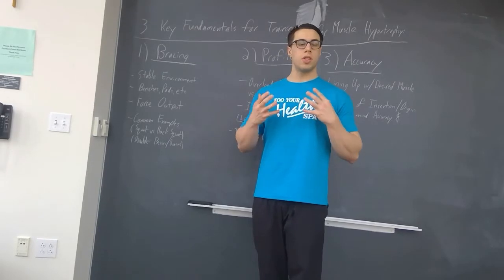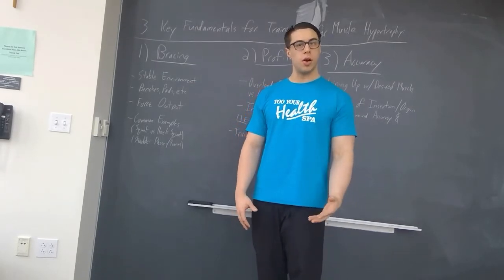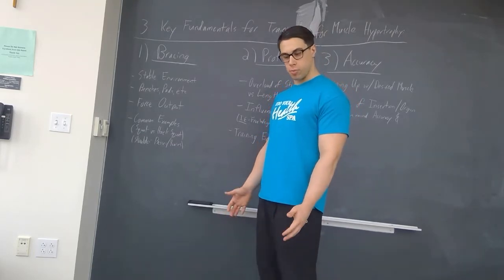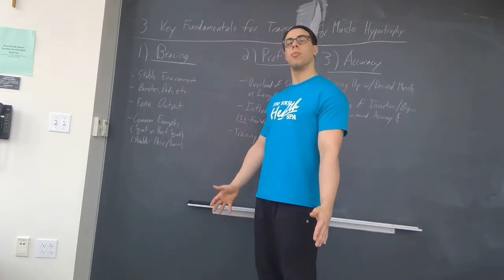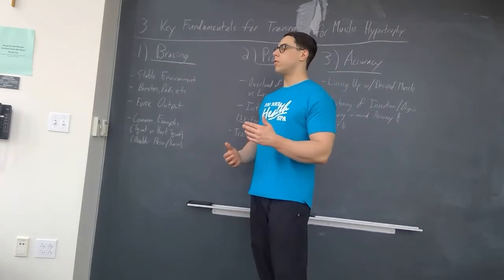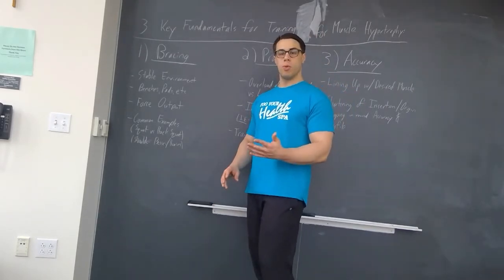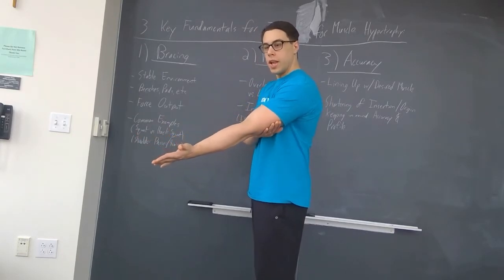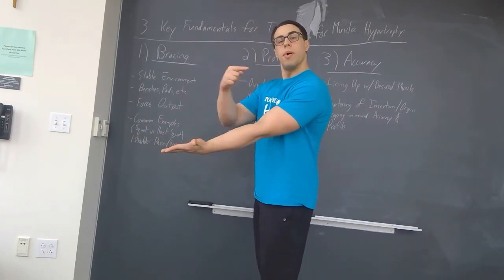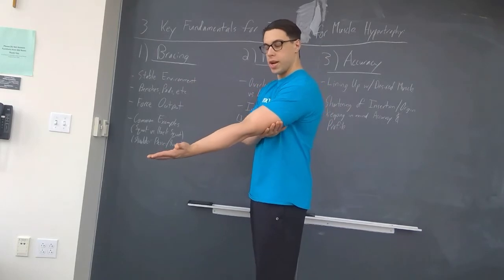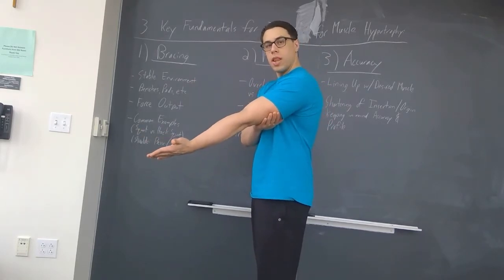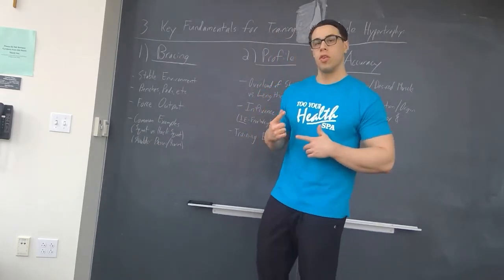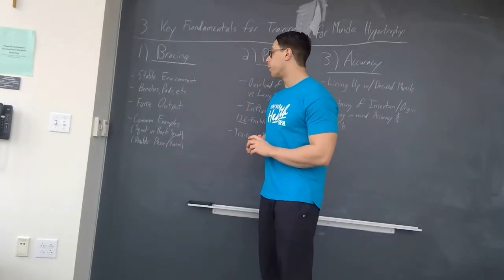So compare that to a free motion dumbbell curl, where there's no stabilization and you literally have to provide that yourself by just going through this motion. Change that to a preacher curl once you're on the bench and you're able to brace your humerus, and then with the counteracting force of the dumbbell coming up, which you're trying to train, and the planting of your humerus on the pad, those counteracting forces are able to provide a stable environment.